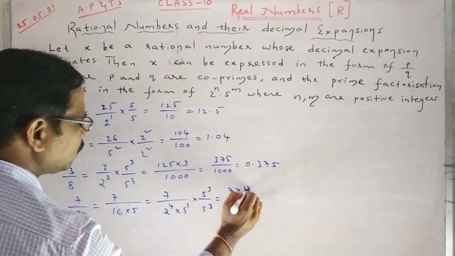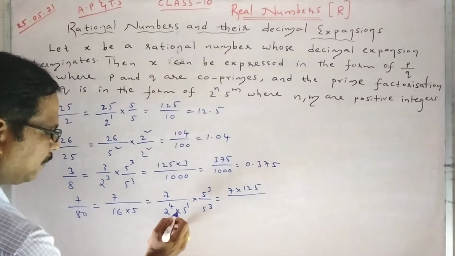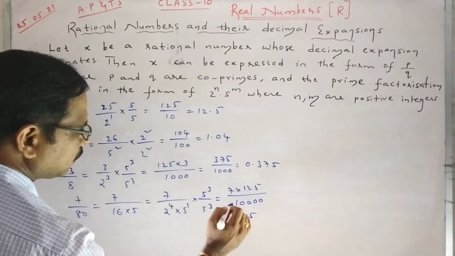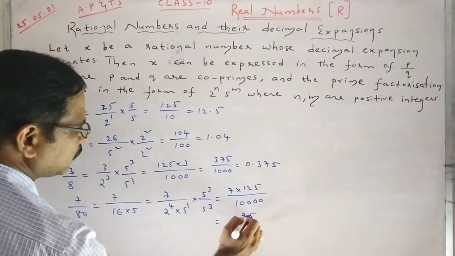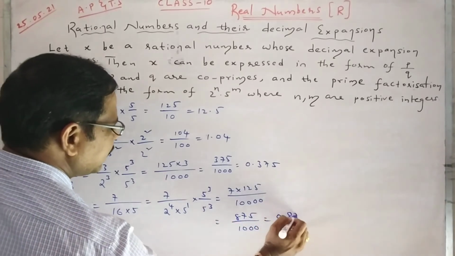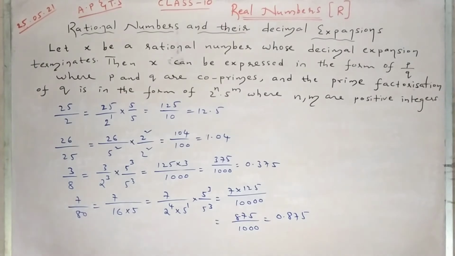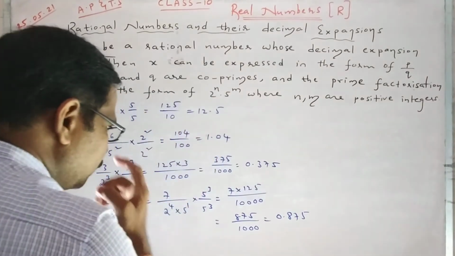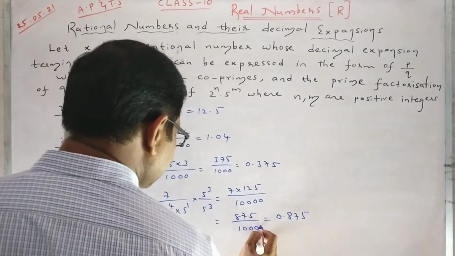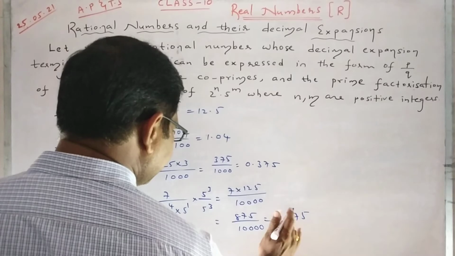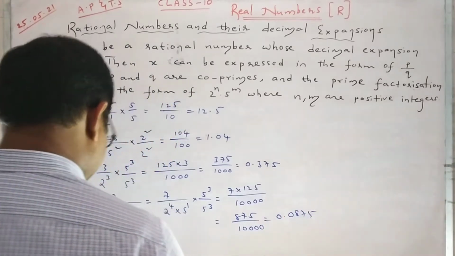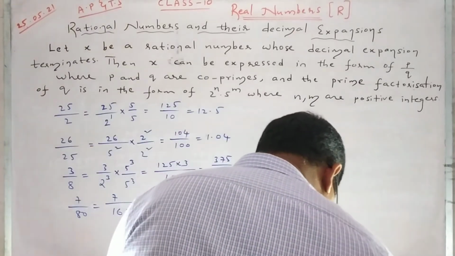So 7 into 125 by 10 power 4, which means 10,000. 875 by 10,000. So one more zero will be there. 0.0875. Okay. So this is the way we can write.